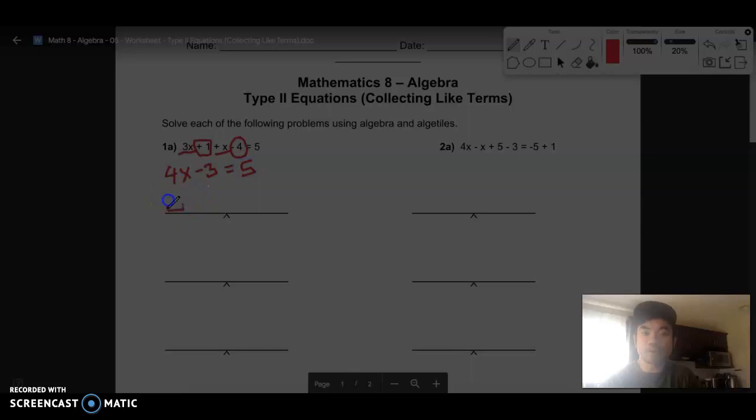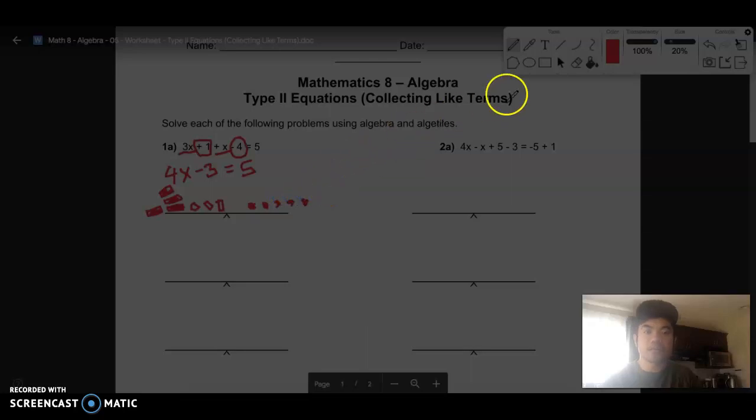I'm going to draw 1x, 2x, 3x, 4x, and negative 1, negative 2, negative 3. That's my left side, and then my right side is positive 5: 1, 2, 3, 4, and 5.